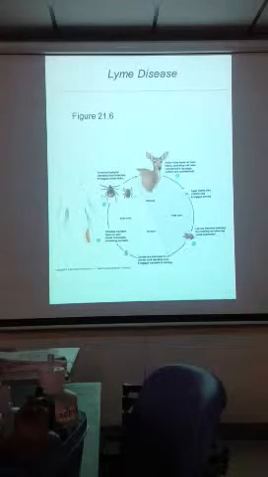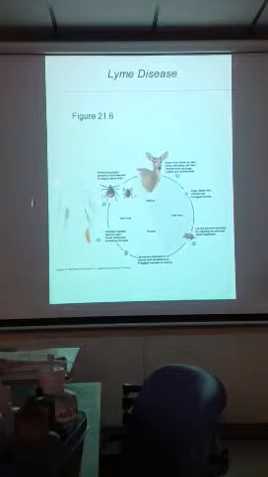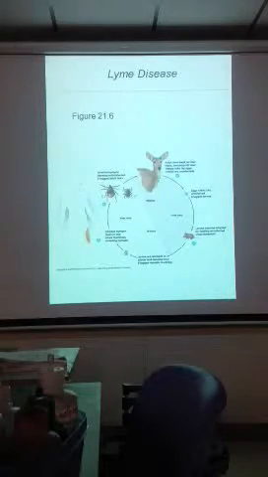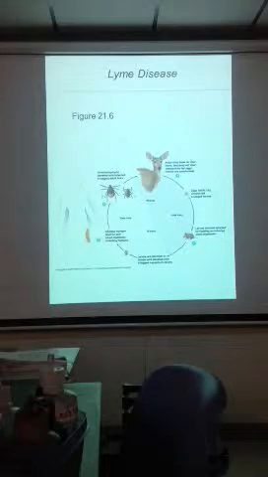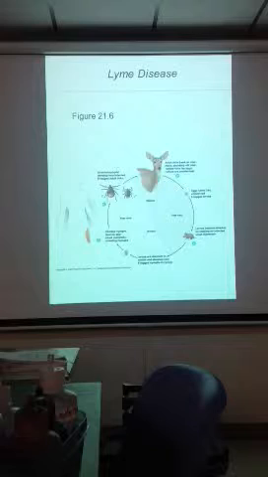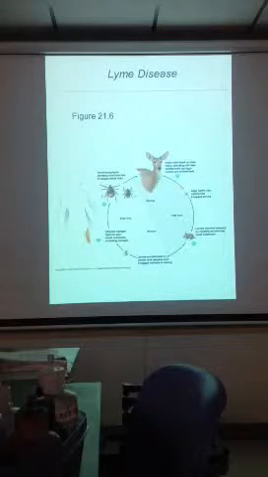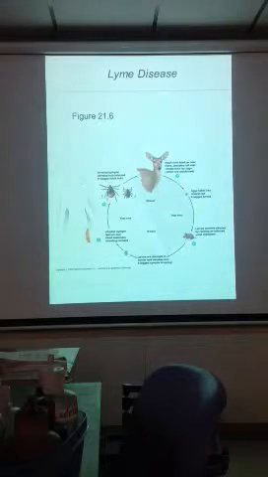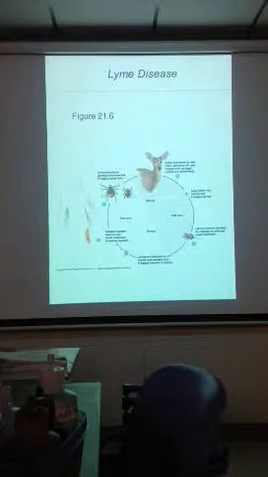Where this gets interrupted is if we come walking by and the deer tick hops onto us instead of onto a deer. Then we can get infected, and that can result in Lyme disease. That's what we mean by accidental host. This explains why we find this in wooded areas, because these are animals that tend to hang out in wooded areas, and that's where you find most cases of this disease.